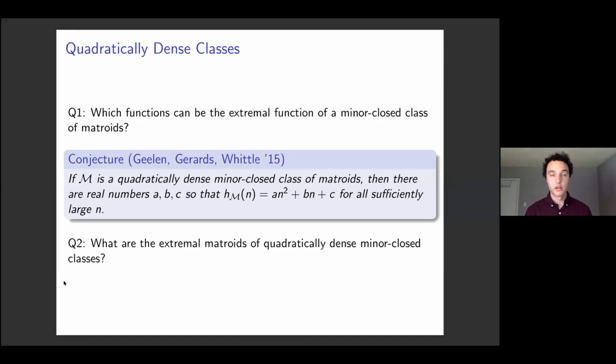now I will show you two nice examples of quadratically dense minor closed classes for which the extremal matroids exhibit very different behavior. And this will illustrate why this question is tough to answer in general. Both of these examples will come from group labeled graphs.